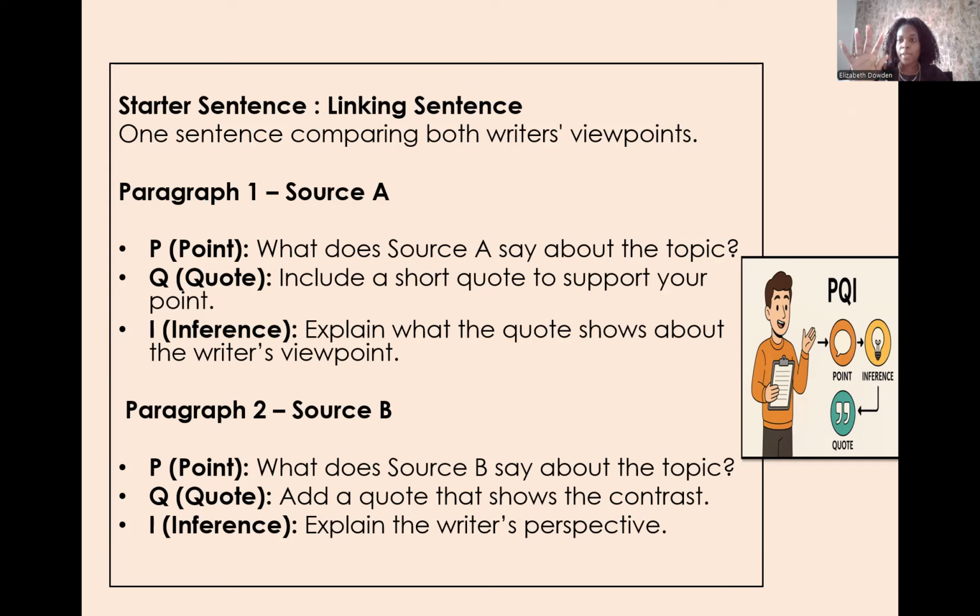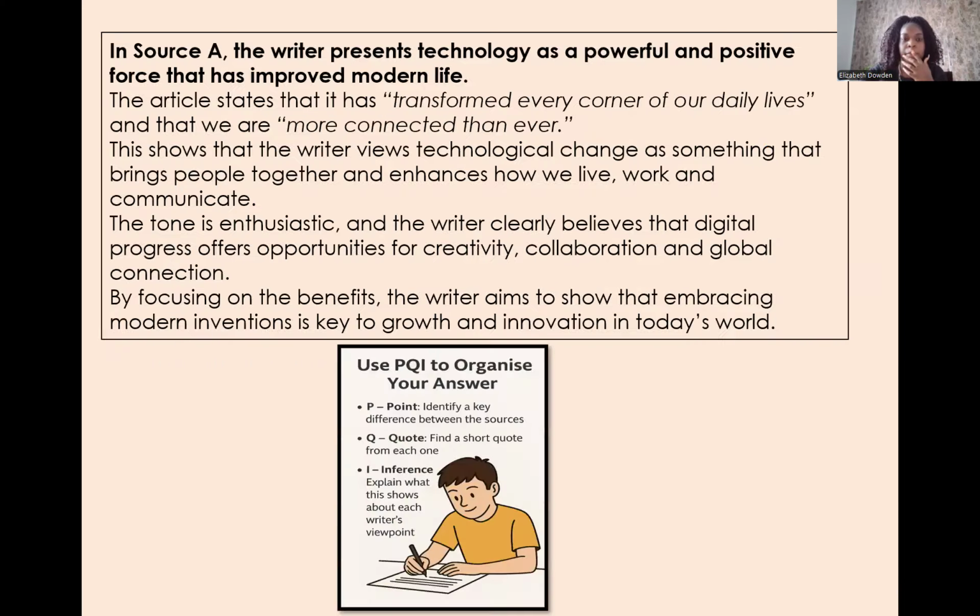So paragraph one will be about source A, paragraph two will be about source B. So again, one sentence comparing both writers' points of view. I'm going to show you what that looks like in a minute. Then source A, the first paragraph, is PQI, and then source B, the second paragraph, PQI. So remember the differences, and we're going to use those lovely contrasting connectives, and I'm going to show you how to do that over the next slide.